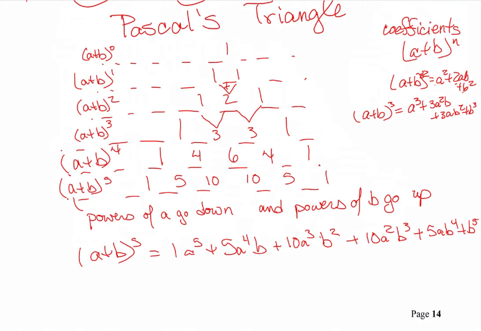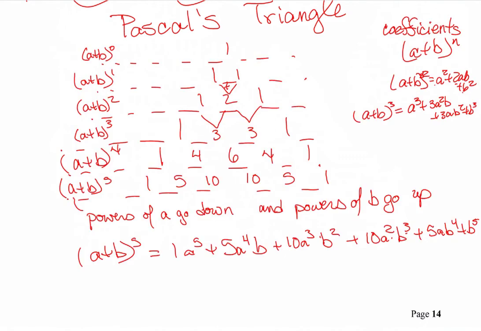Here's the other thing you need to notice. Notice that the sum of the powers in each term is 5. Okay? So that's how you do Pascal's triangle. So that's to tell you that you can now do the difference quotient no matter how high the power is, it makes it easier for you to do. You do not have to FOIL out these polynomials. You just do Pascal's triangle.